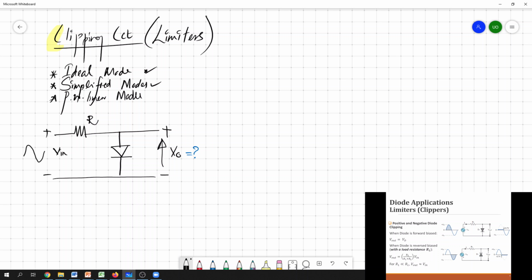To make this analysis simple, we'll always stick to the ideal model. So assume that the diode is an ideal one.